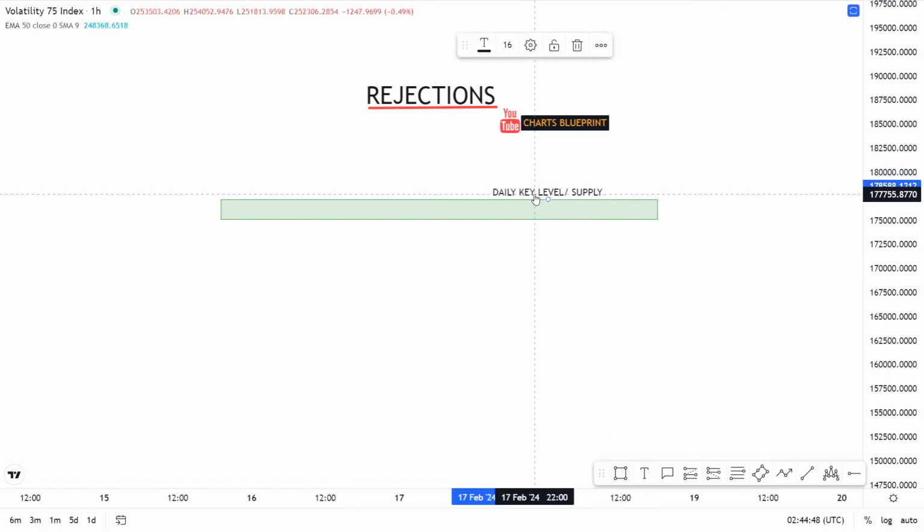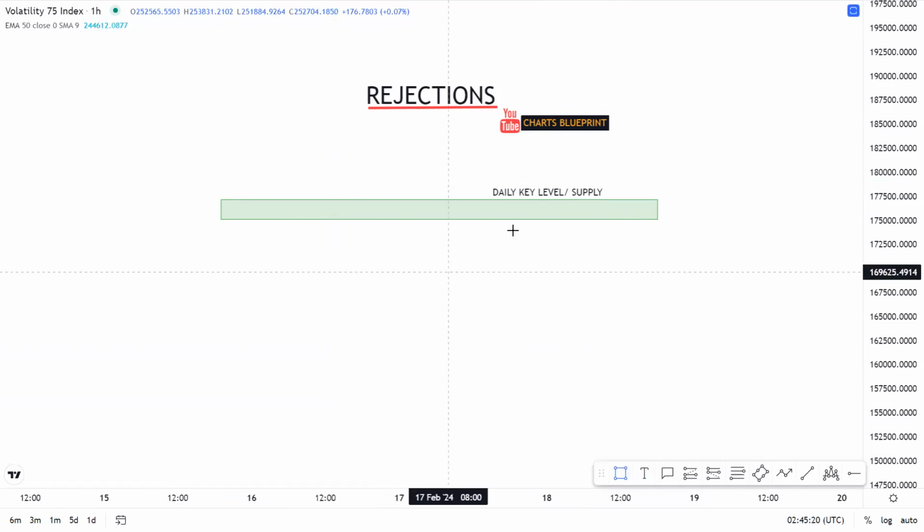Guys, take note. You can very well do this on any one of the time frames, but for the purpose of this video, I'm going to be staying on the daily time frame. So clearly, this is a daily key level or a daily supply level, and we're waiting for price to approach the level.